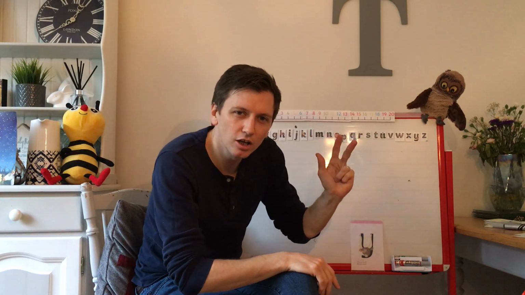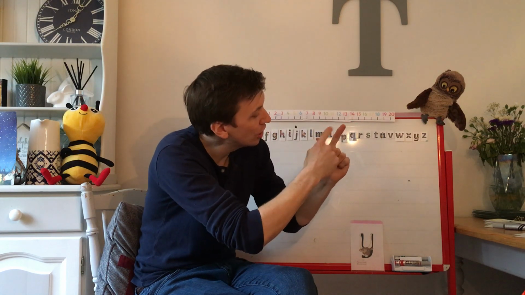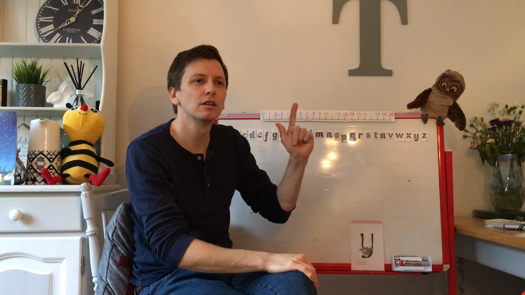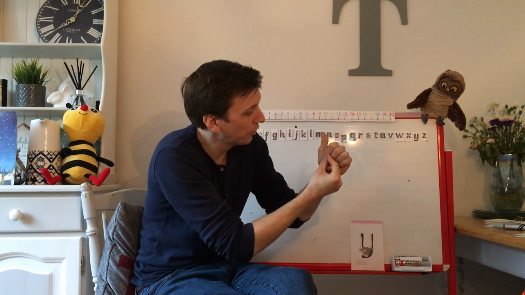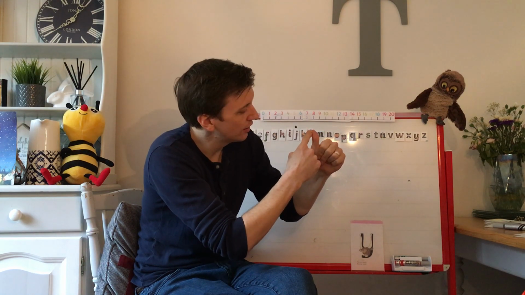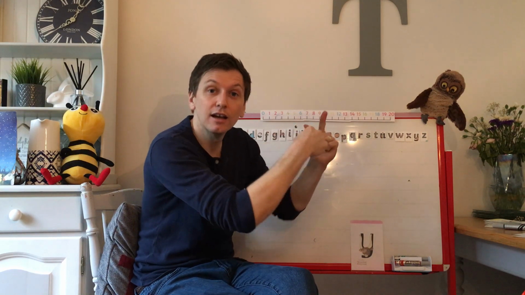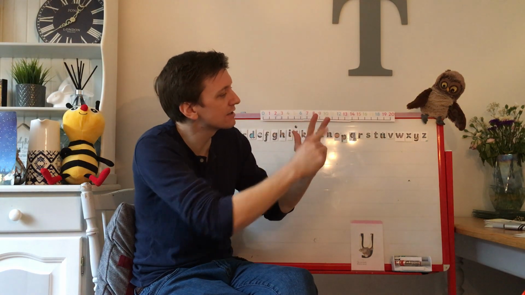Let's change that last phoneme. We've still got yak. Let's change this one too. Let's make the word yes. So what do we need next? Y. S. Well done. Yes.